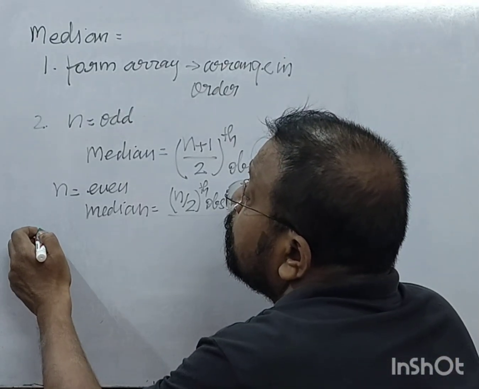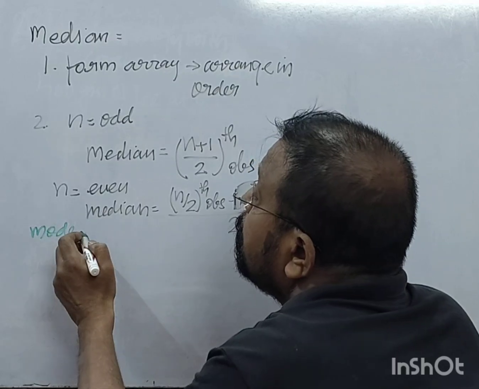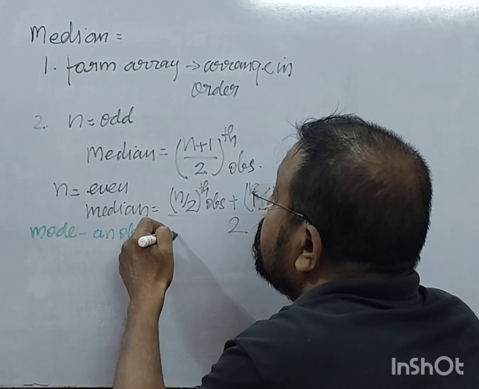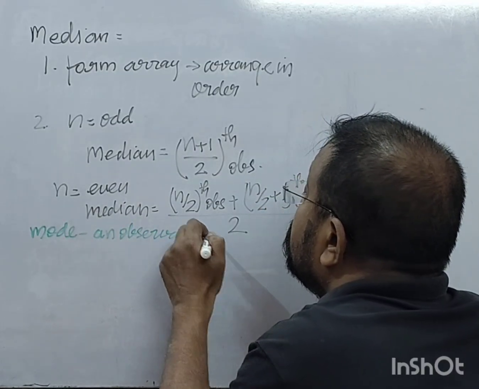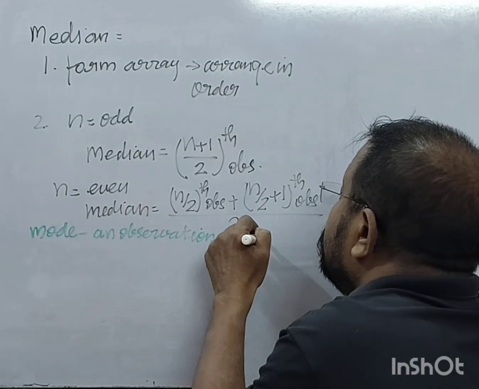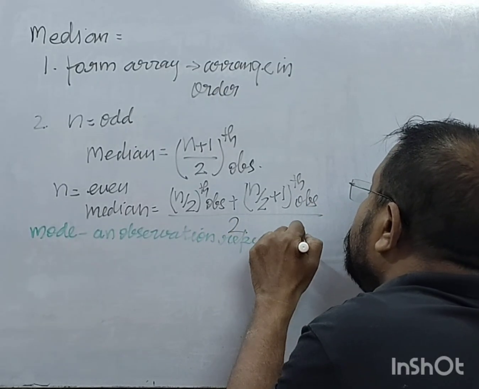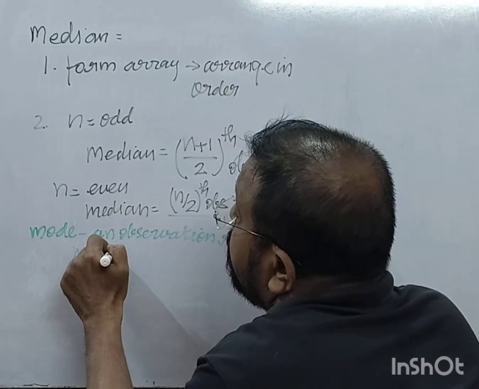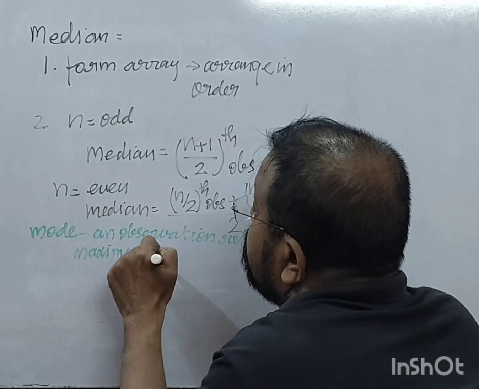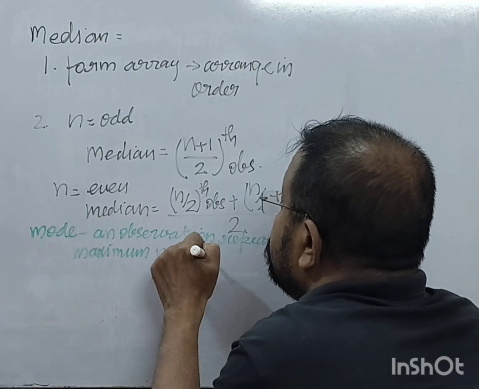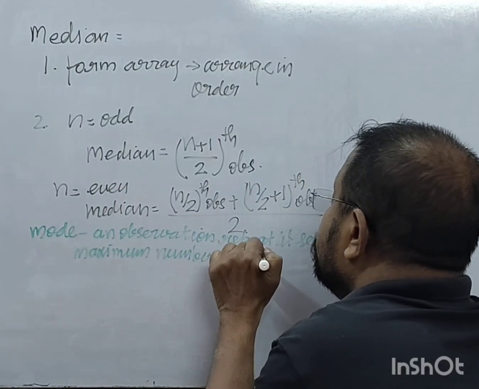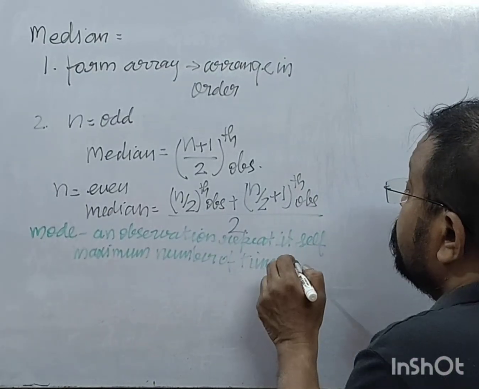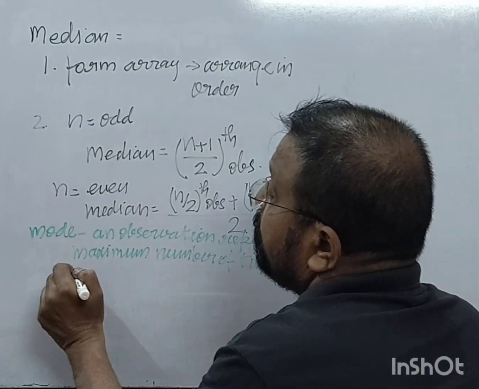And what is mode? So mode is an observation, an observation repeat itself maximum number of times in given set of data.